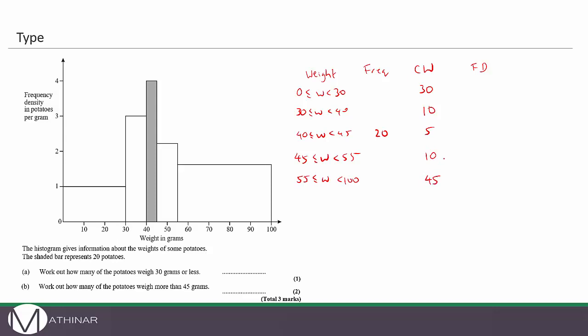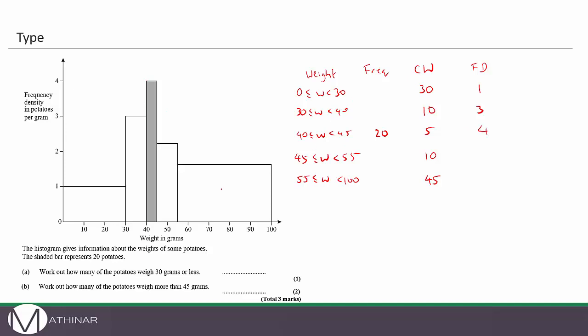And the frequency densities we can read off the histogram. So the frequency density for 0 to 30 is 1. The frequency density of 30 to 40 is 3. The frequency density of 40 to 45 is 4.